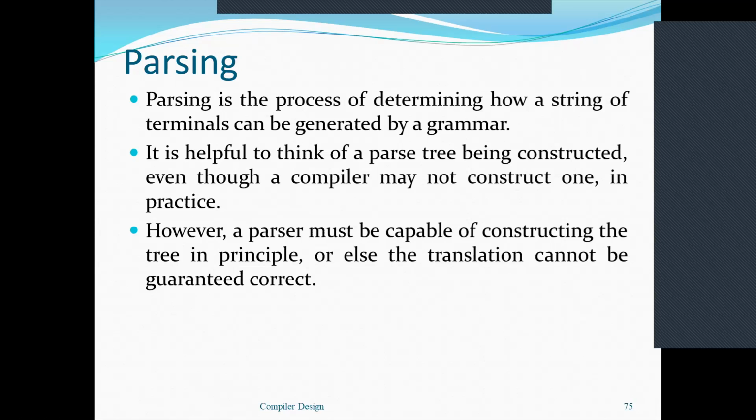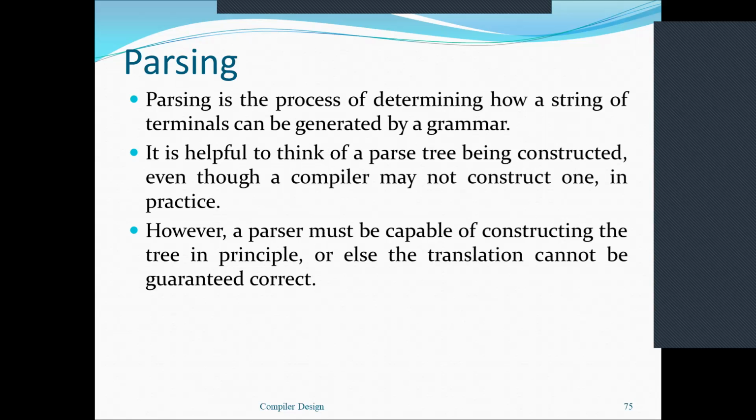That is the reason why we make a parse tree, because we are understanding the whole thing in the concept of a tree. We can see a tree, we can visualize a tree, we can understand a tree. So for our understanding, we assume that the code is converted to a parse tree.